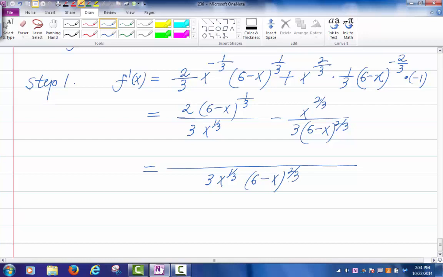You agree? I could have taken the common denominator to be 9x to the 1/3. I could have multiplied the two denominators. So if you are not sure what the least common denominator is, you can just multiply the two denominators. Now, I'm going to be subtracting two terms, right?